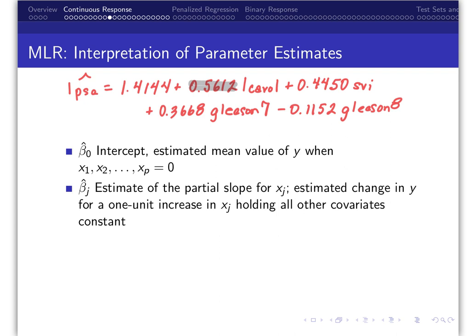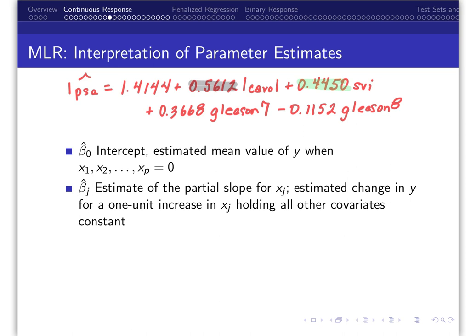We could also say, for a 1-unit increase in seminal vesicle invasion, log prostate-specific antigen is estimated to increase by 0.445. Note though, because seminal vesicle invasion, or SVI, is a binary variable, a 1-unit increase in SVI is moving from no seminal vesicle invasion to having seminal vesicle invasion.